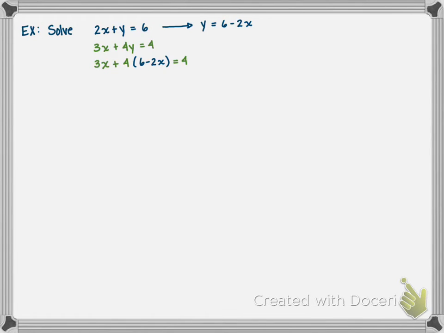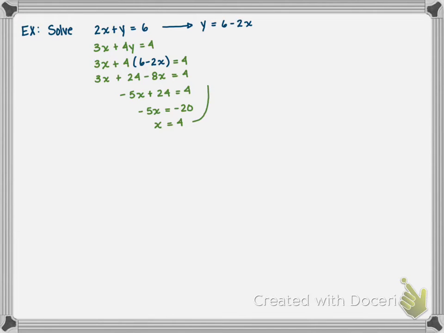So now we can distribute. So we have 3x plus 24 minus 8x equals 4. Combine like terms. Subtract 24 from both sides. And then divide both sides by -5, and we get x equals 4.